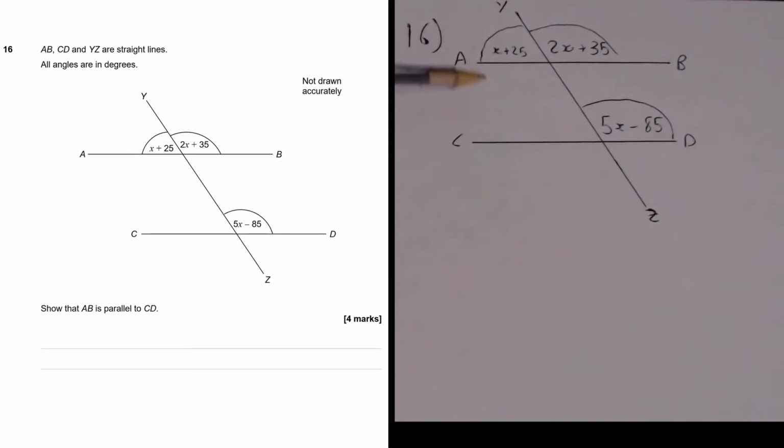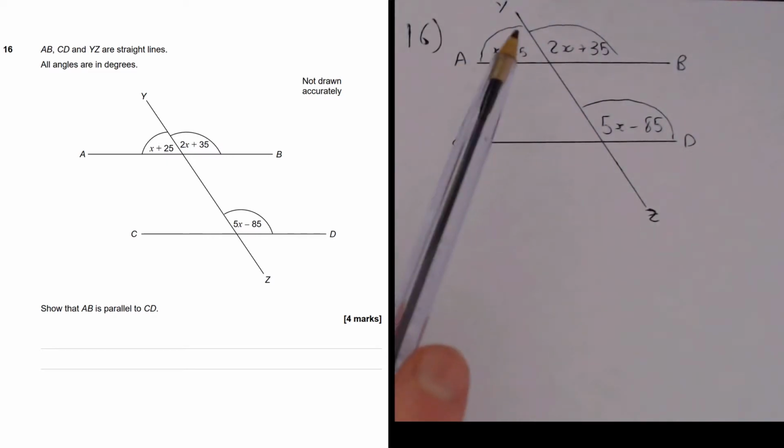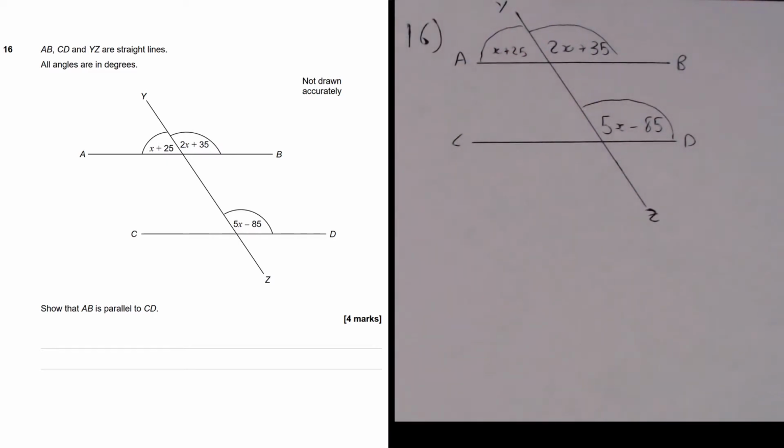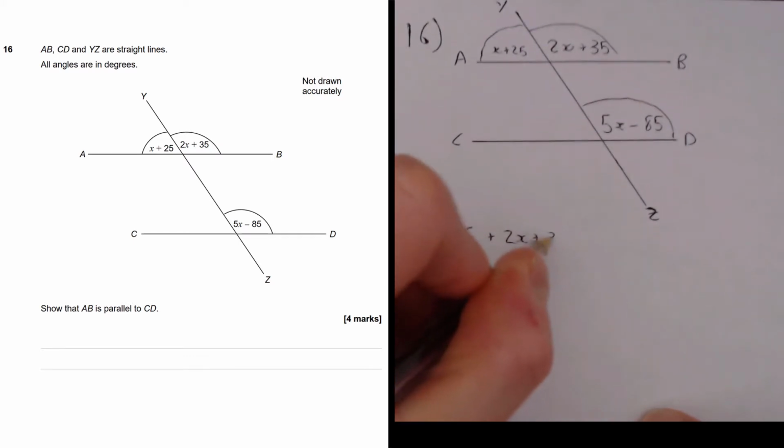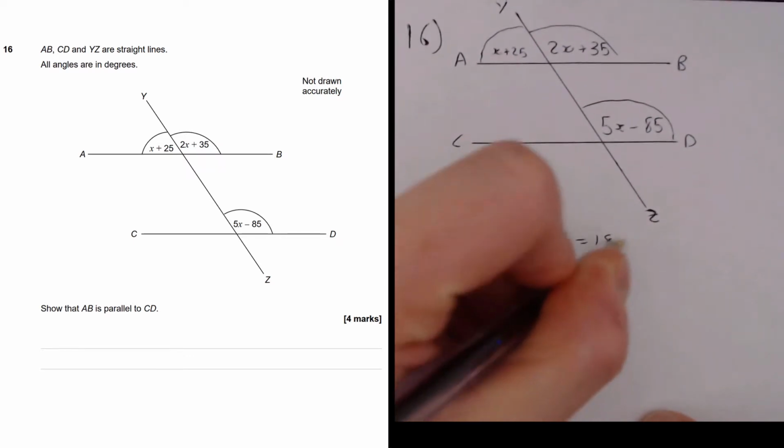Well, we know that angles in a straight line add up to 180. So let's first work out what x should be. Well, we know that this angle plus this angle should equal 180 degrees. So let's write down an expression for that. We're going to get x plus 25 plus 2x plus 35 equals 180.